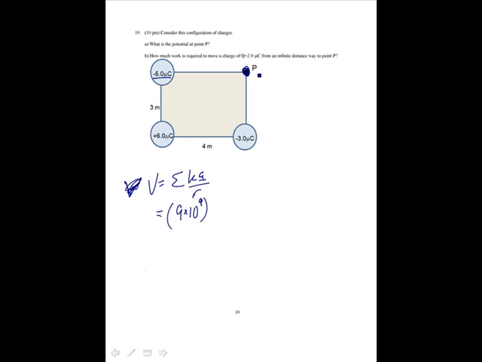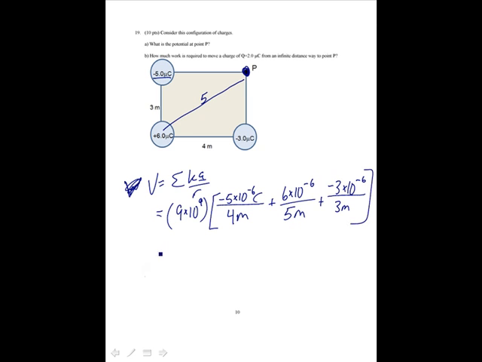Starting here and going counterclockwise, we have -5 times 10 to the minus 6 coulombs divided by 4 meters, plus 6 times 10 to the minus 6 divided by this distance, which is 5 meters, plus -3 times 10 to the minus 6 divided by 3 meters, and that gives you a value of minus 9450 volts.